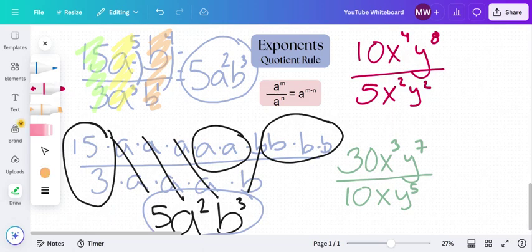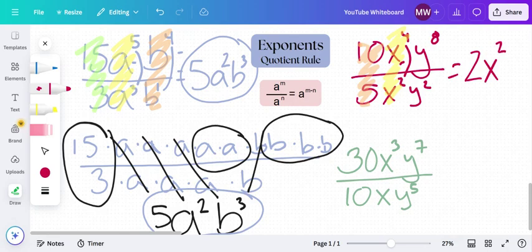So again, we'll think of this as 3 different problems. First, I'm going to worry about my coefficients out front. That's telling me to do 10 divided by 5, which gets me 2. Then I'll move on and do my x's. We've got x to the fourth over x to the second, which means 4 minus 2 will get me my new exponent for x, which is 2.